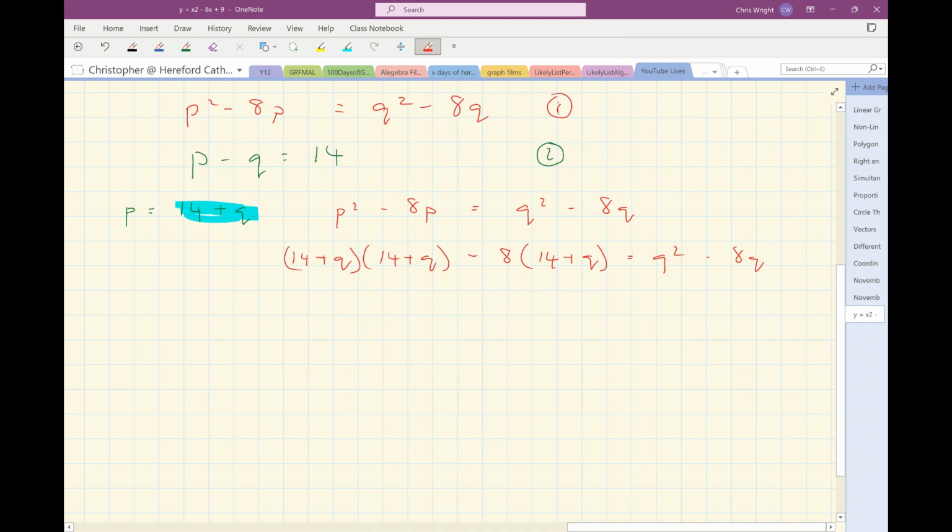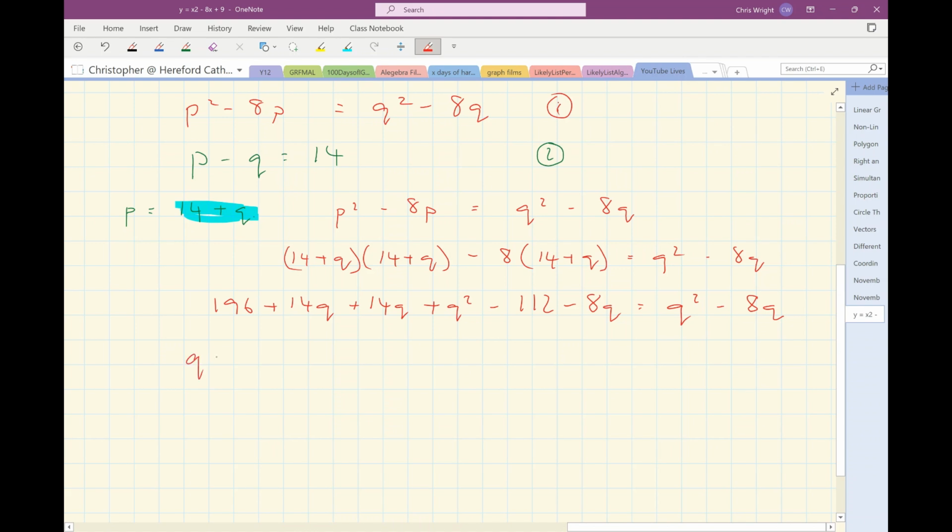Let's expand these brackets on the left. 196 plus 14q plus 14q plus q squared, minus 8 times 14, so 112, minus 8q, minus outside the bracket there, equals q squared minus 8q.